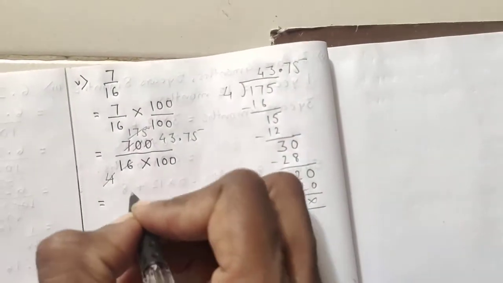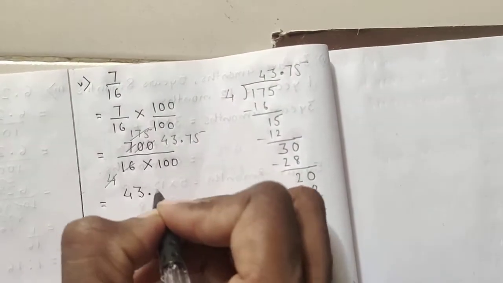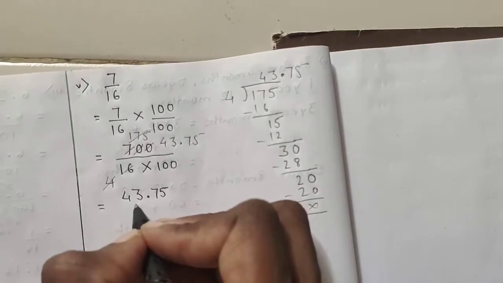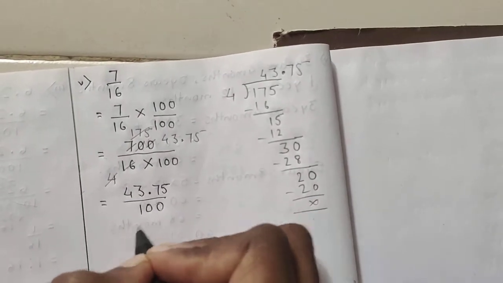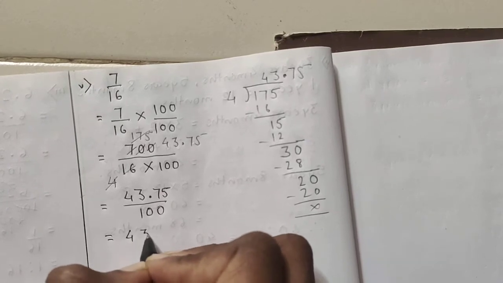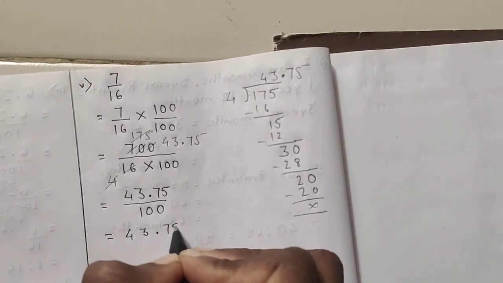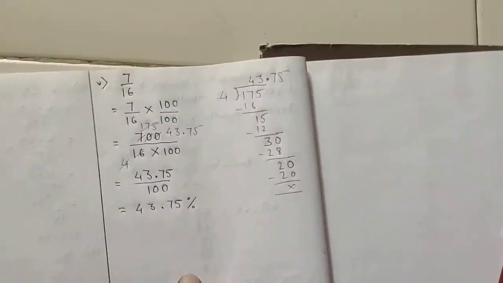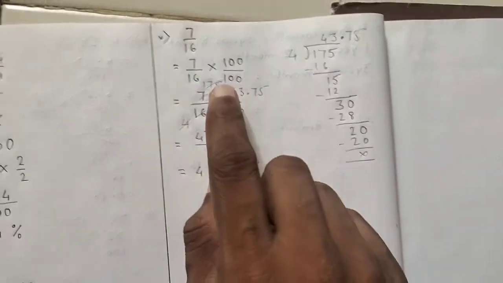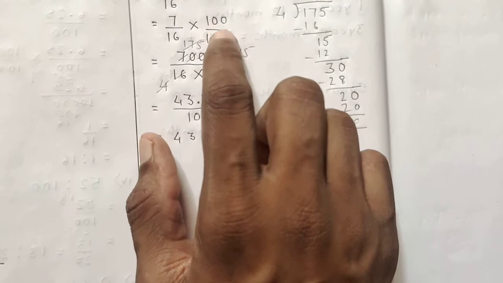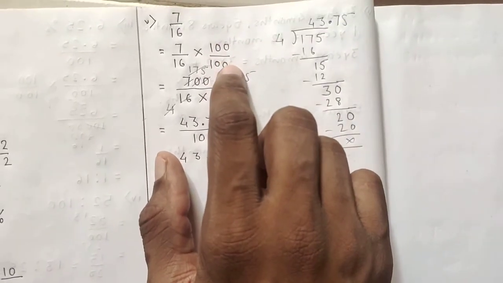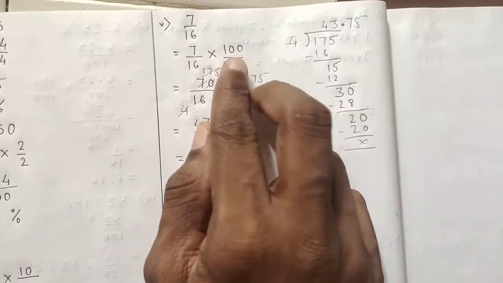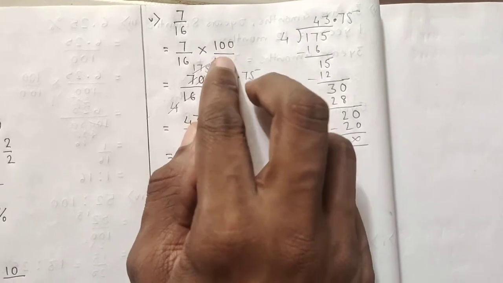So what you got here, 43.75 divided by 100, and that means 43.75 percentage. Okay students, understood now? See what we did, we have multiplied and divided by 100, and after that you have to keep this 100 as it is.